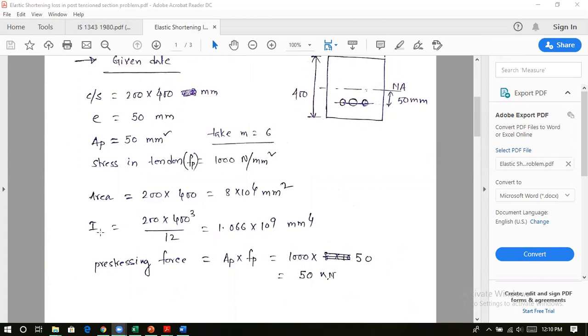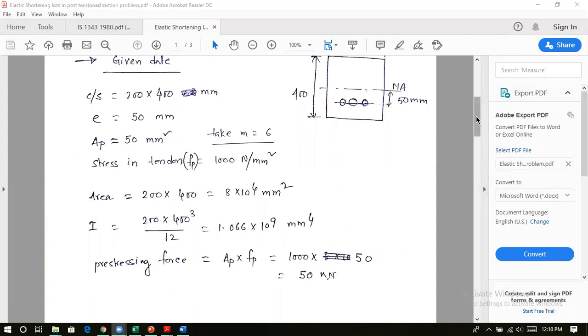The moment of inertia of the section is bd cubed by 12. b is 200, d is 400 mm, and by this formula we will get a value of 1.066 into 10 to the power 9. The stress in the tendon is given as 1000 MPa and the area of steel is 50 mm square. By multiplying these two values, we can calculate the amount of pre-stressing force in the tendon. If we multiply them, we will get a value of 50 kilonewton.